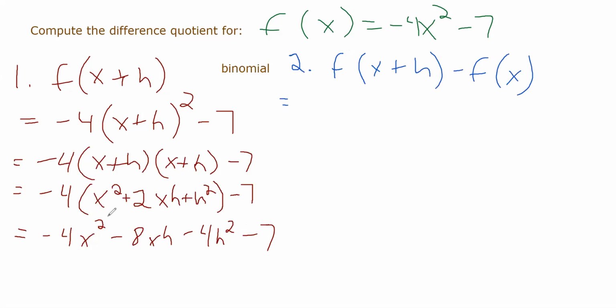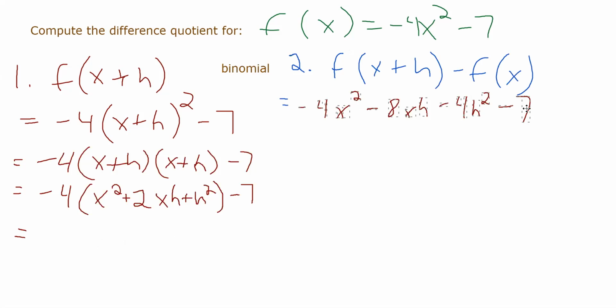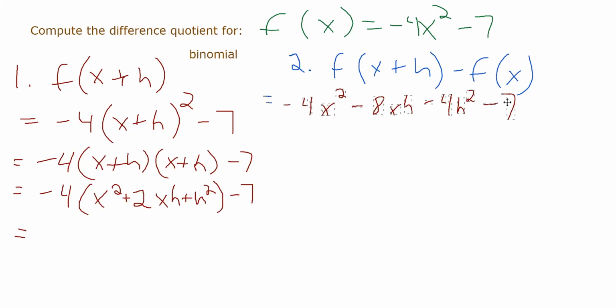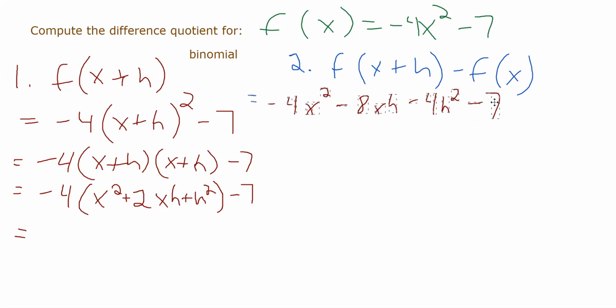And I gotta admit, I'm just gonna do something kind of lazy. There you go. And I wouldn't call it lazy as much as I would call it being smart with your resources and your time. And so now we've got to subtract off the original function, negative 4x squared minus 7.